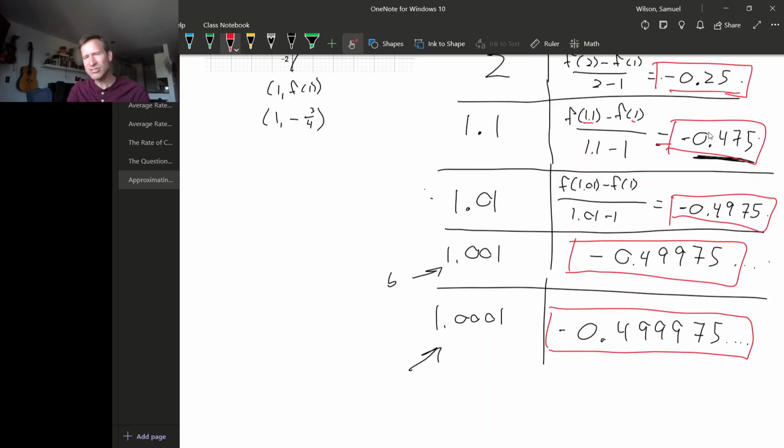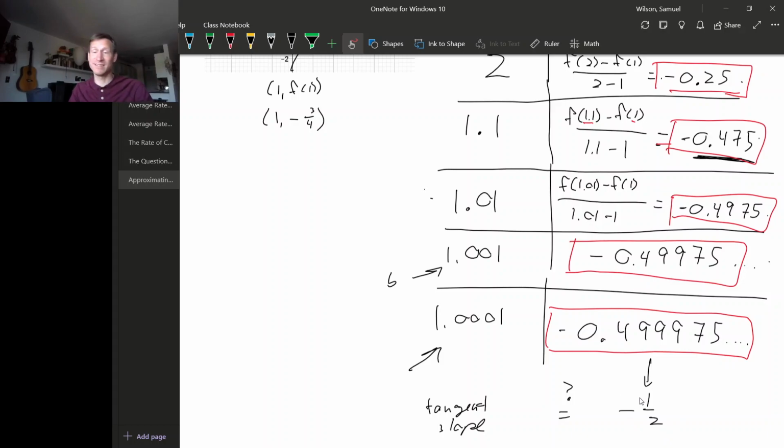Well, yeah, it looks like the smaller, or the closer b gets to 1, the closer these slopes are getting to minus 1/2. So that means that we think, or it would be a good guess, that the tangent slope should be minus 1/2.